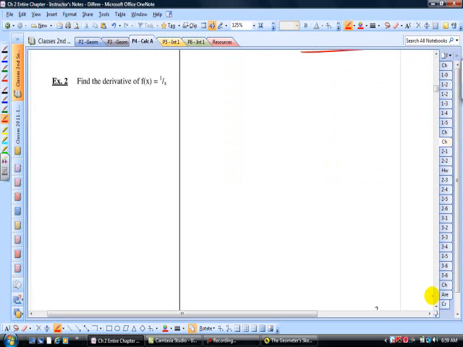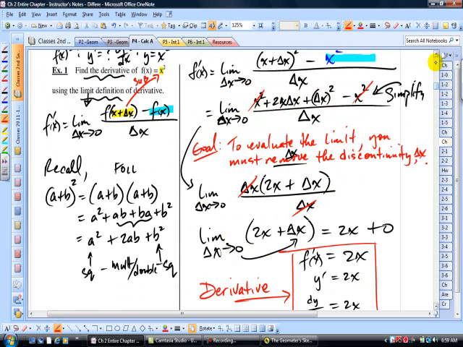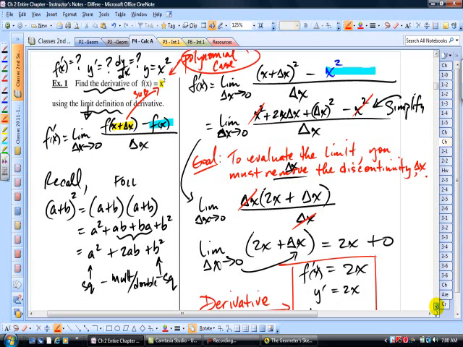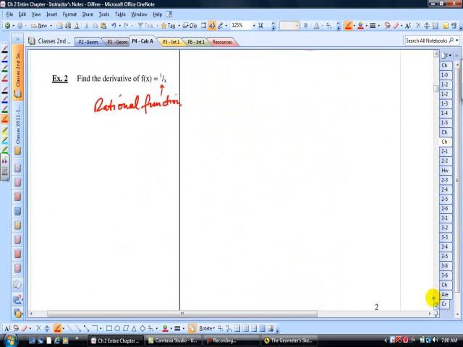So the first one's a polynomial, the easiest case, and now we do a rational function, and then I'll do a root function.